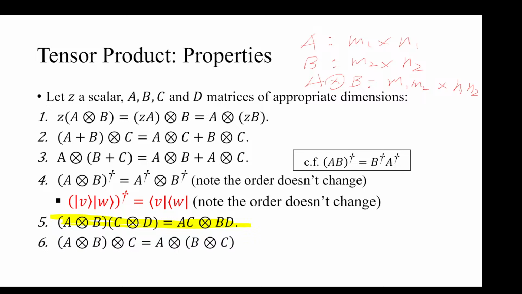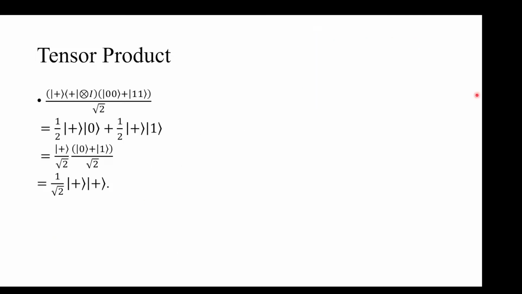Let's see an example of doing this calculation with the tensor product. Say we have the tensor product of 0, 0 plus the tensor product of 1, 1, multiplied by the projector of plus tensor the identity matrix. Basically, we have 1 over square root 2 times (00 plus 11) multiplied by the projector of plus on the first qubit, and do nothing on the second qubit.